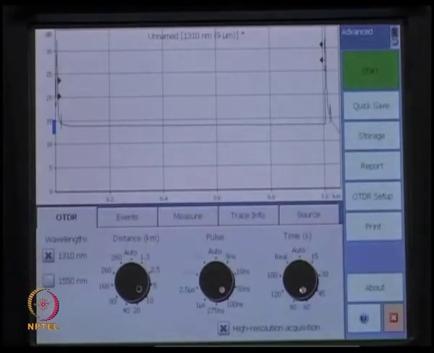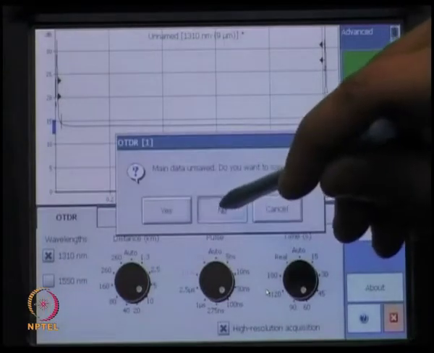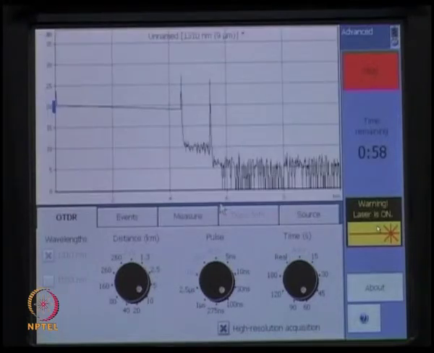That shows the acquisition time. You have chosen the time to be 60 seconds. You press the start button now, and data acquisition starts.